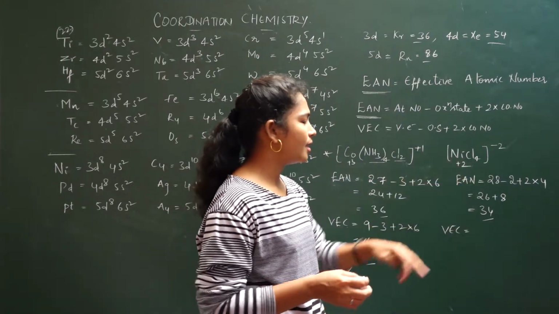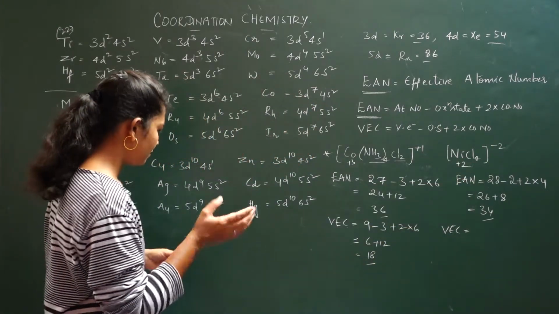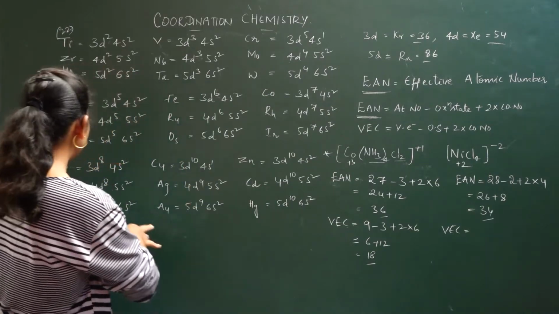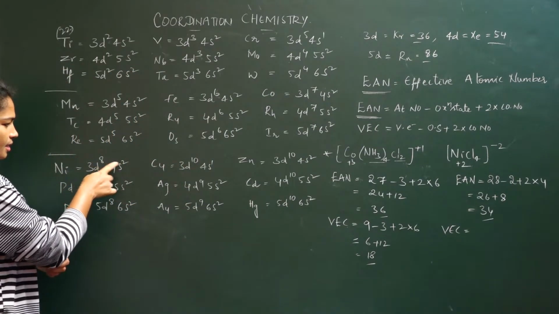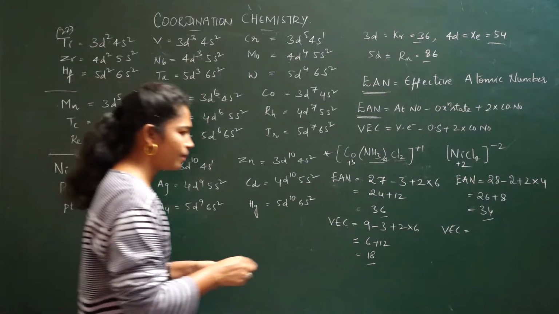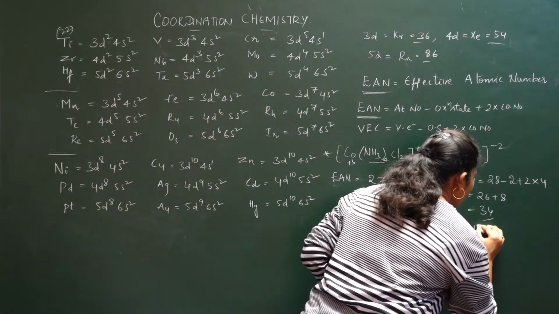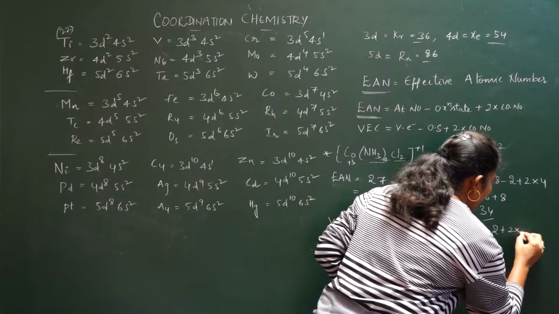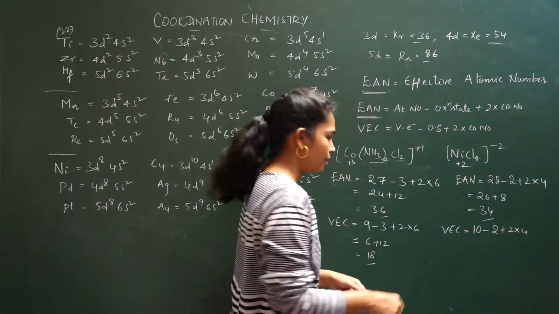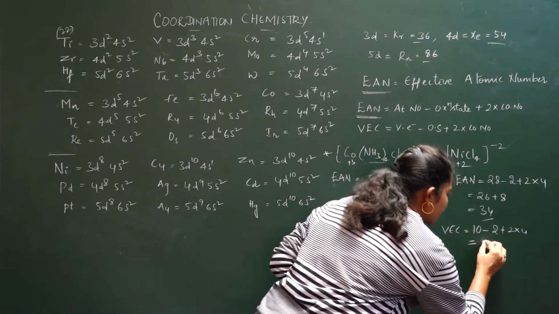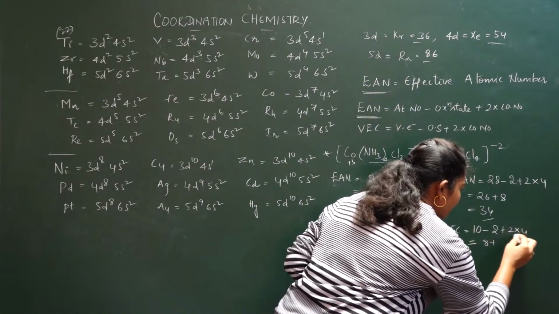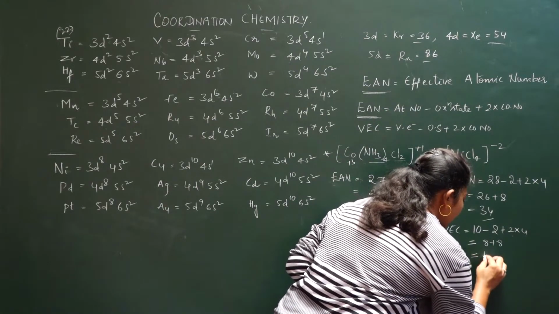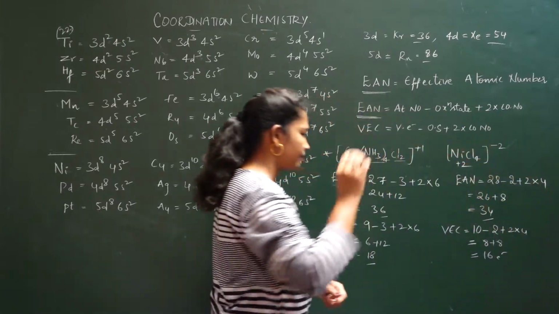For nickel, what are the valence electrons? For nickel, see, 8, 2. That means 10 electrons we have here. So 10 minus oxidation state plus 2 into coordination number. So we get here 10 minus 2 is 8, plus 2 4s are 8. That means 16 electrons.